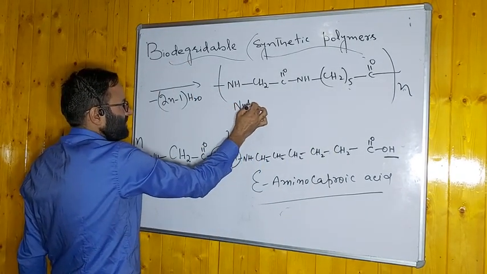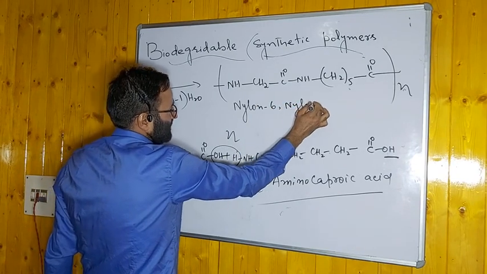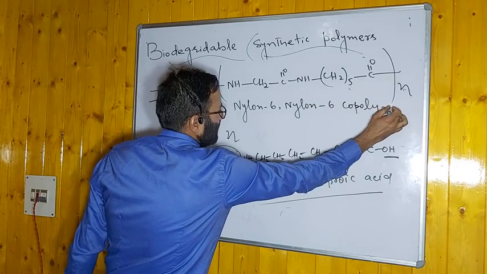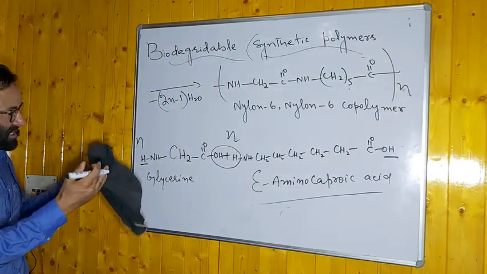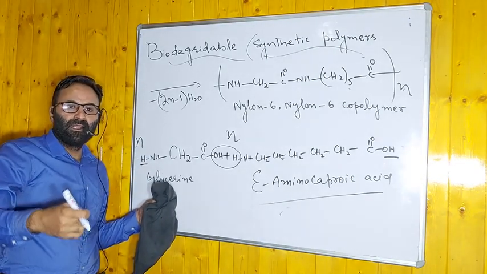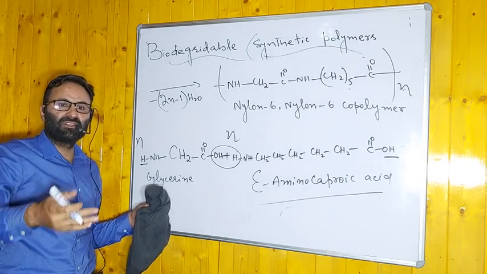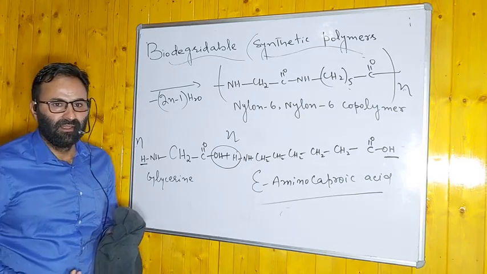Nylon 2, nylon 6 copolymer. It is also a biodegradable synthetic polymer. These biodegradable synthetic polymers degrade in a week's time, within days, within hours, and hence they do not cause any kind of pollution problem in the environment.